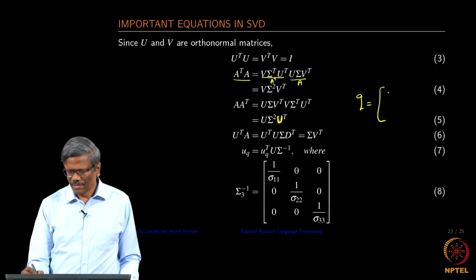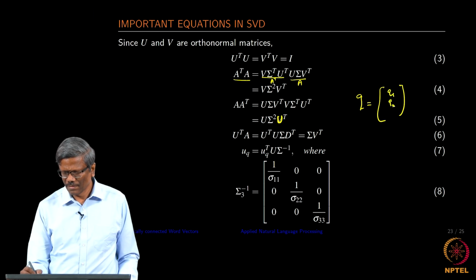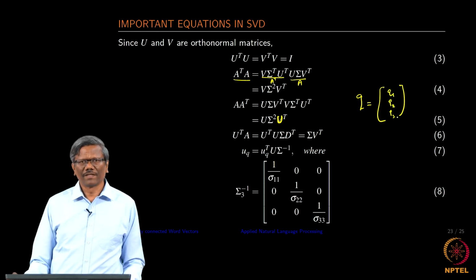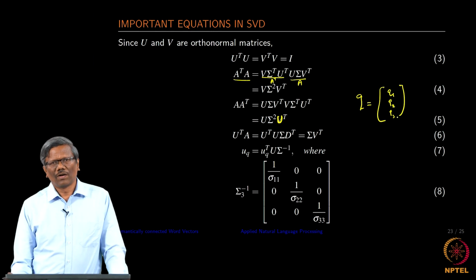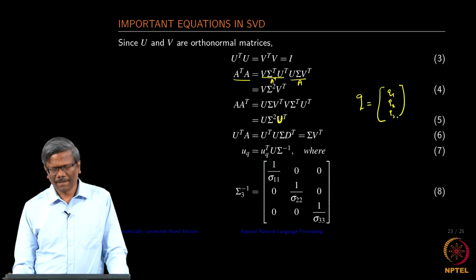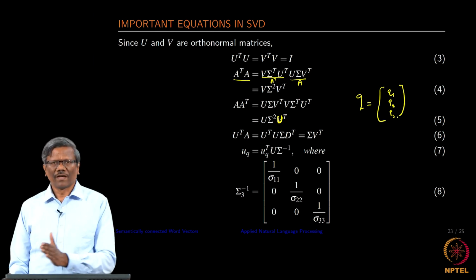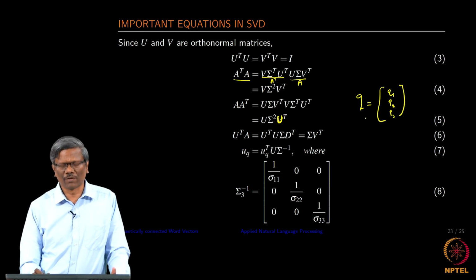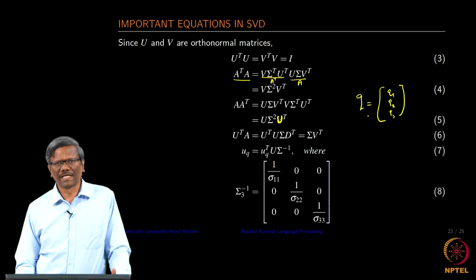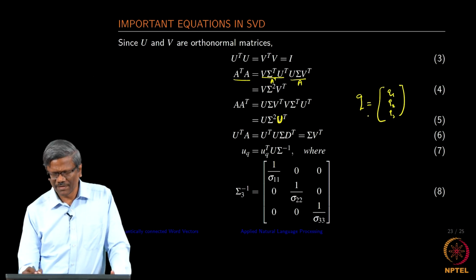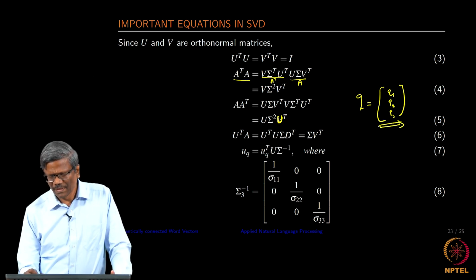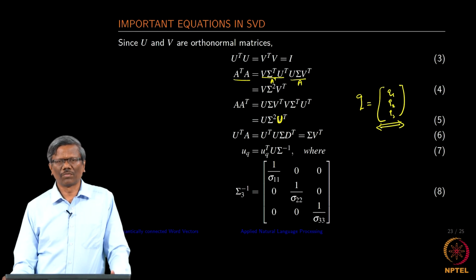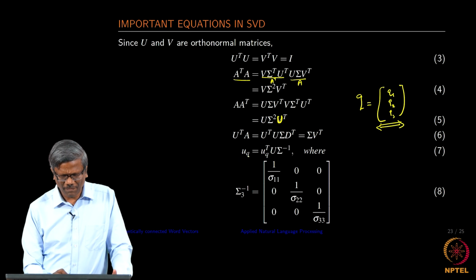Let us say some values are there for the query. I just want to find out how this query can be used, and then later we can find out how this particular one could be close to the documents that we have in the transform domain. Since the query exists in the domain of the term document matrix, we have to convert it into the transform domain using a formula like this.